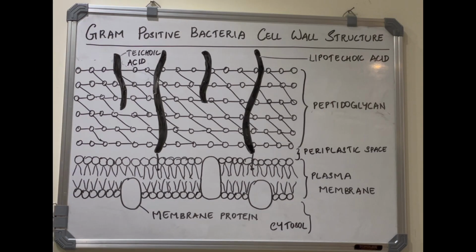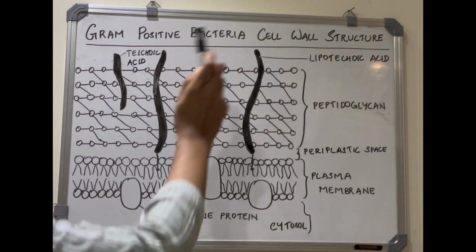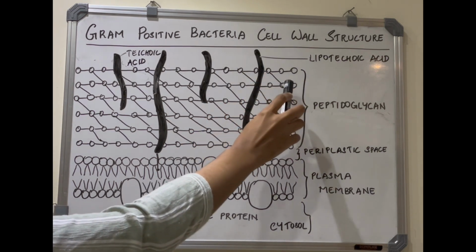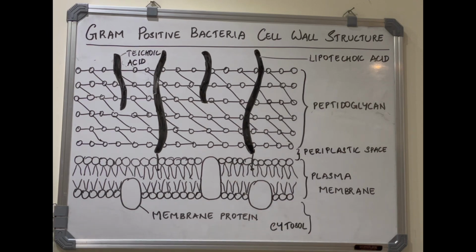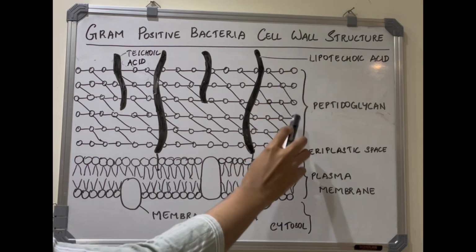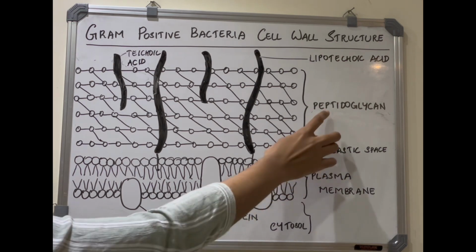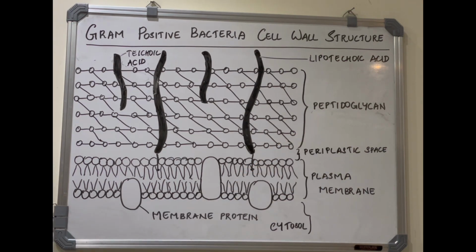This is the structure of a gram-positive bacterial cell wall. As we said earlier, the gram-positive bacterial cell wall has a very thick cell wall, and a large amount of peptidoglycan is present. This peptidoglycan is a cross-linked polymer of alternately repeating N-acetyl muramic acid and N-acetyl glucosamine polysaccharide subunits.